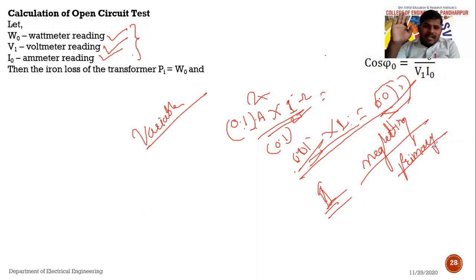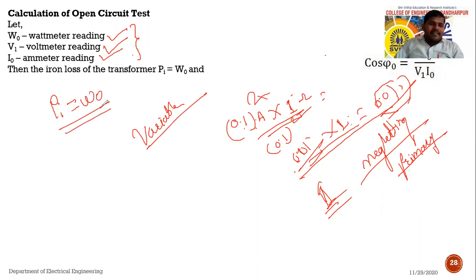So the power taken at the no load condition is only to overcome the no load losses, like constant losses. Constant losses are nothing but iron loss and core loss, right? So the iron loss of the transformer can be represented as Pi equals the no load power taken by the primary from the supply.